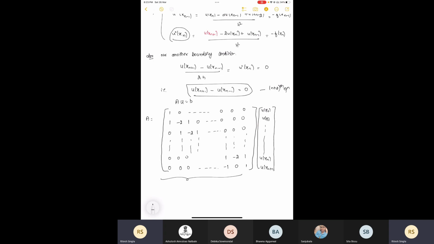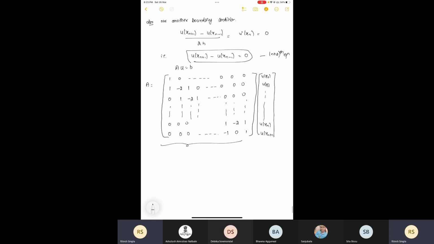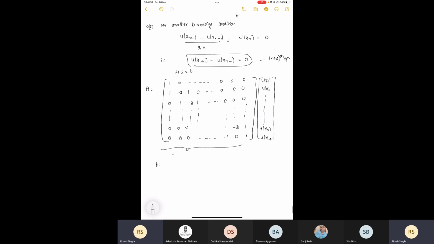So our matrix B will be 0, minus f of x1, minus f of x2, and so on, minus f of xn, and then 0.